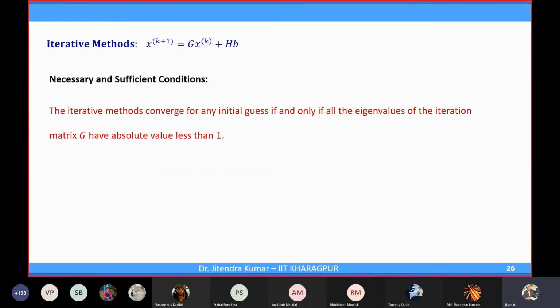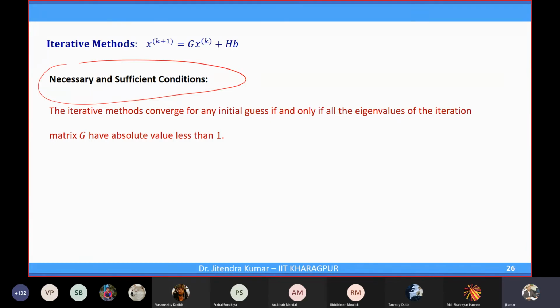So for the iterative methods, the first is called the necessary and sufficient condition for the convergence. Necessary and sufficient is a very good condition, because it means you can understand whether it will converge or whether it will not converge. You can conclude both things, convergence and non-convergence.